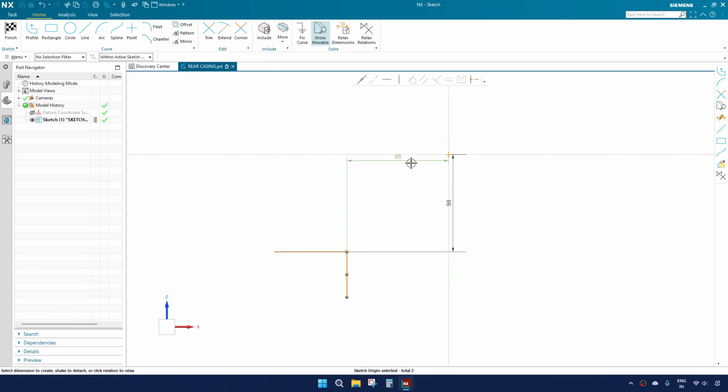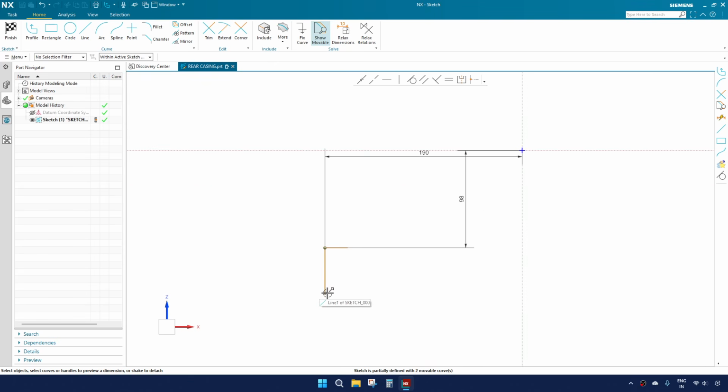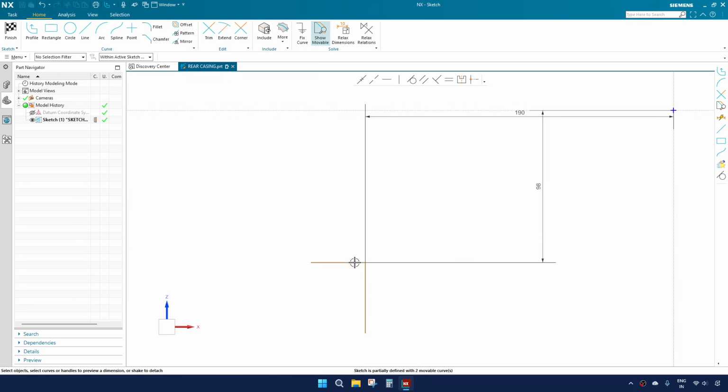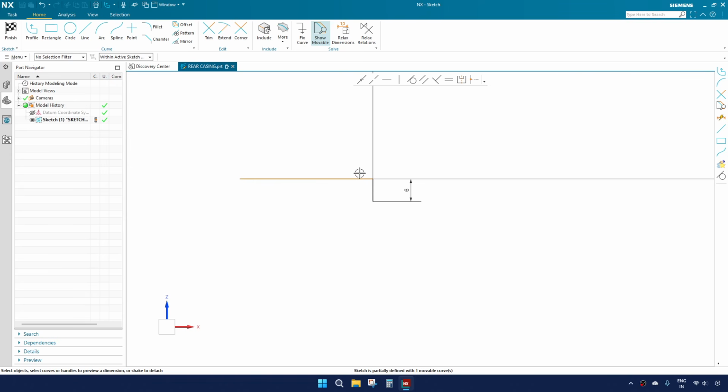And from here to here it's 190. The starting profile should be like this. We should fix this. This is 16.